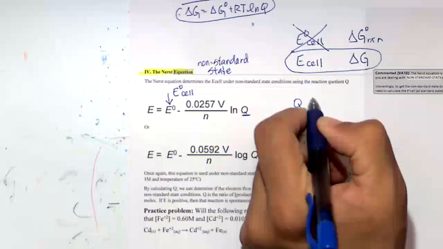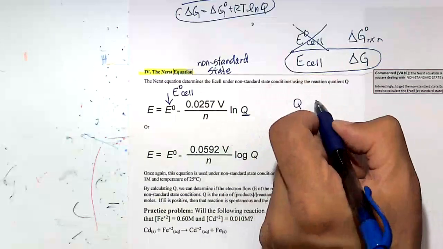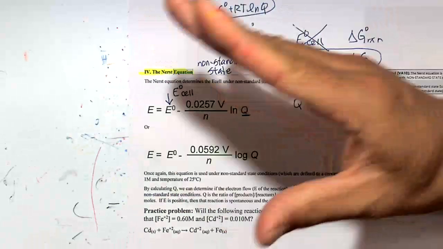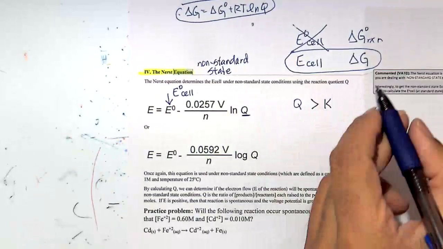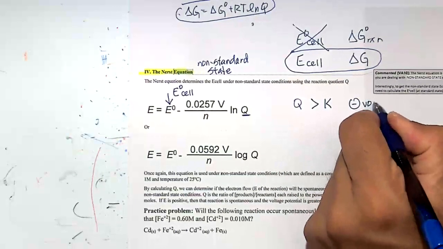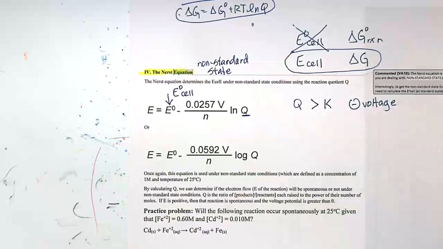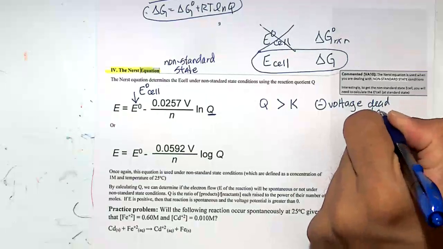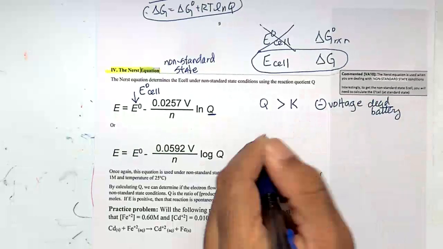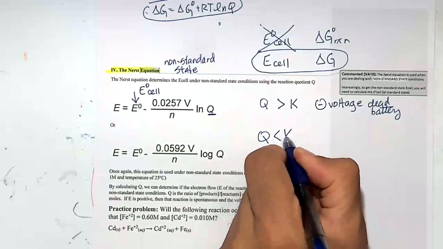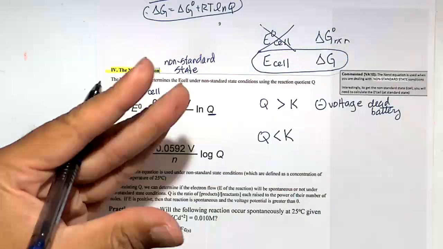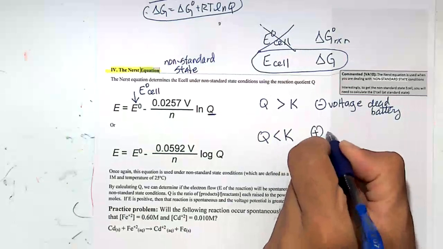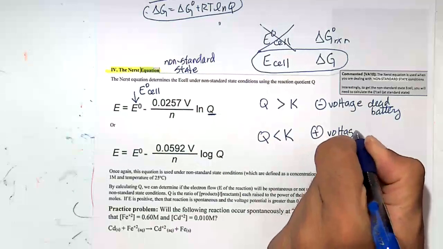Here we have Q, and we use Q to compare to K. Using the alligator rule, if Q is greater than K, the reaction favors the reactant side. We predict a negative voltage, which is like a dead battery. If Q is less than K, it favors the products, and that's a positive voltage.